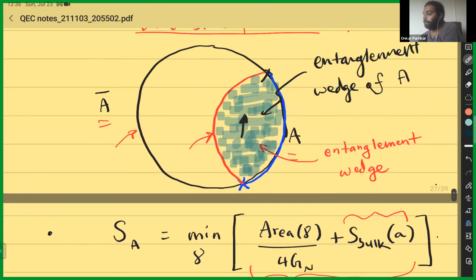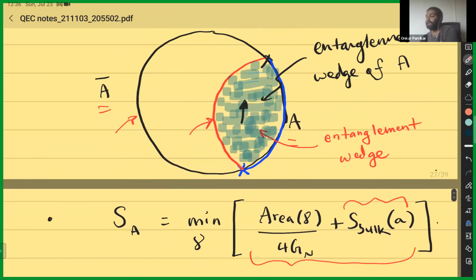Great. Now, the claim is about the code subspace. Let me say one more thing. We are free to consider the code subspace to be any subspace of the bulk QFT. In particular, I don't necessarily want to consider the entire bulk QFT Hilbert space.